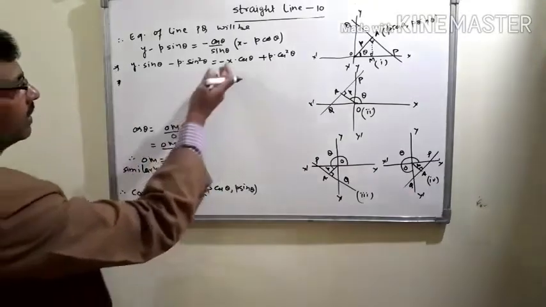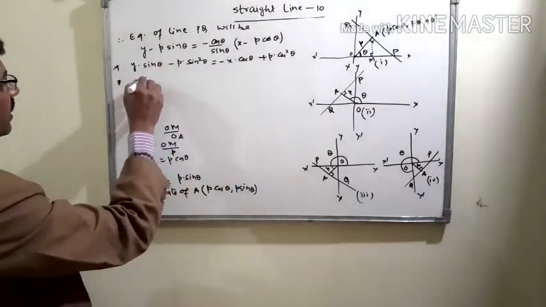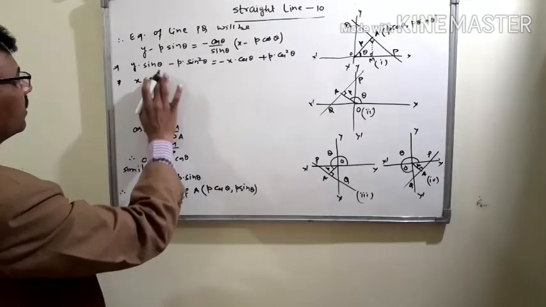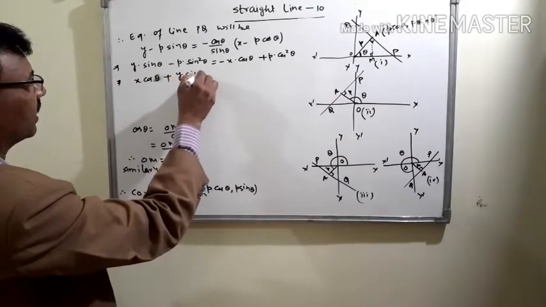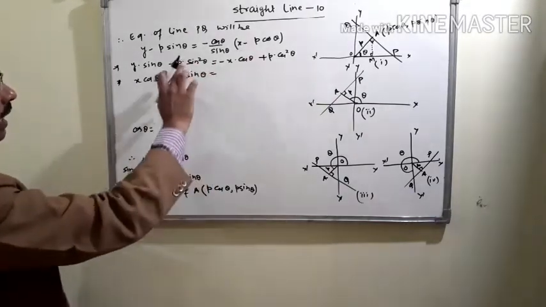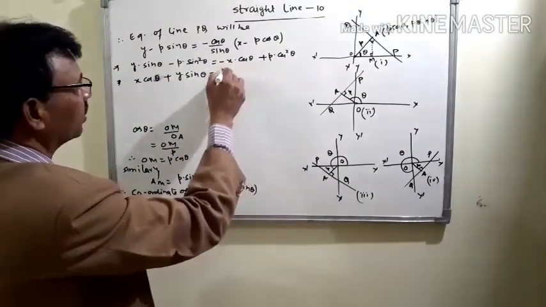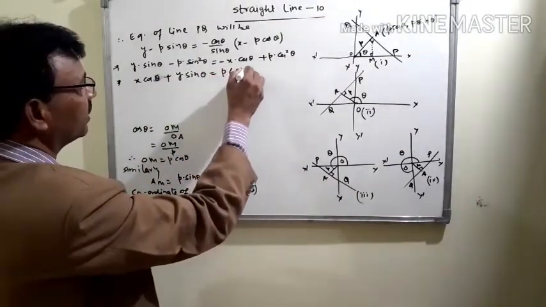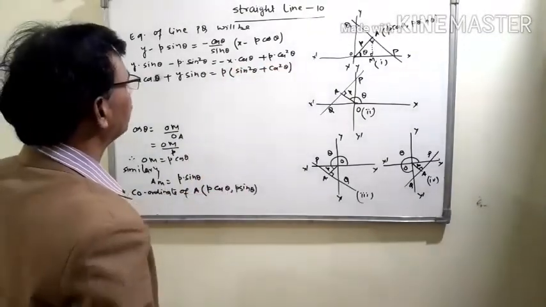Now if we transfer minus x cos theta to the left side, we get x cos theta plus y sin theta equal to p, transferring p to the right side and taking p common from these two terms, giving sin square theta plus cos square theta.